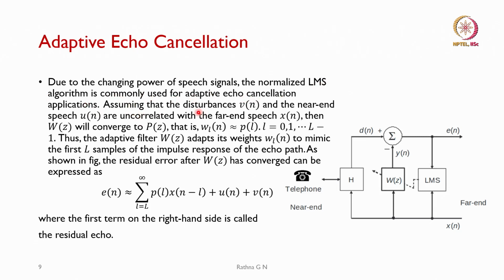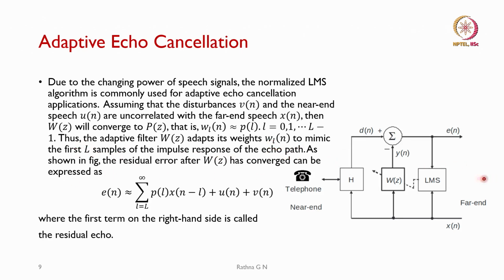Assuming that the disturbance v(n) and the near end speech u(n) are uncorrelated with the far end speech x(n), then W(z) is going to converge to P(z), that is, w_l(n) is approximated as p_l, where l varies between 0 and L minus 1. So, the adaptive filter W(z) adapts its weights w_l(n) to mimic the first L samples of the impulse response of the echo path.